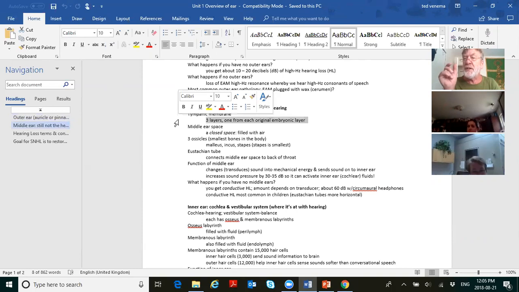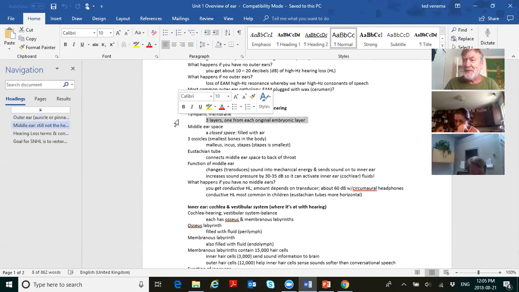So the embryonic disc, at age 1 day, 2 days, for the first week or so after pregnancy, you've got 3 layers of tissue. And those layers of tissue turn into muscles and bones, nerve and skin, and also intestines and all your organs. Well, the eardrum is the one area of your body that preserves all 3 of those layers.